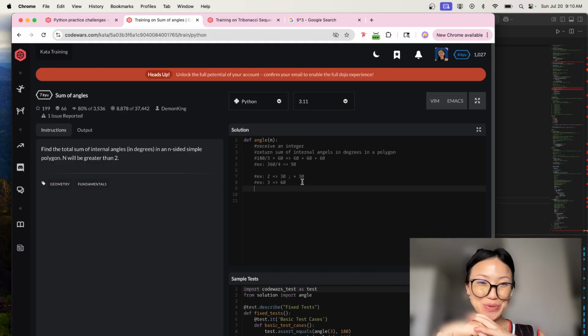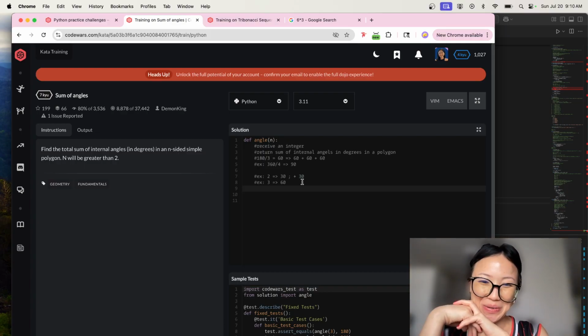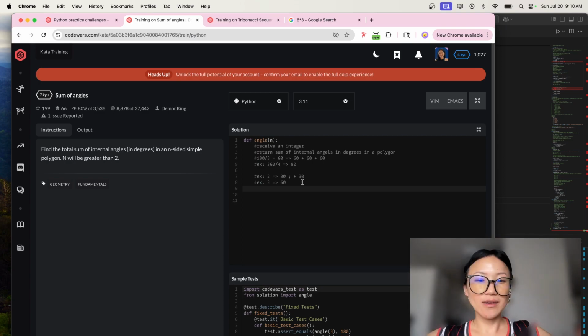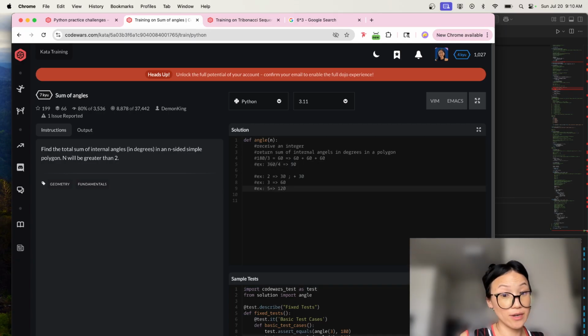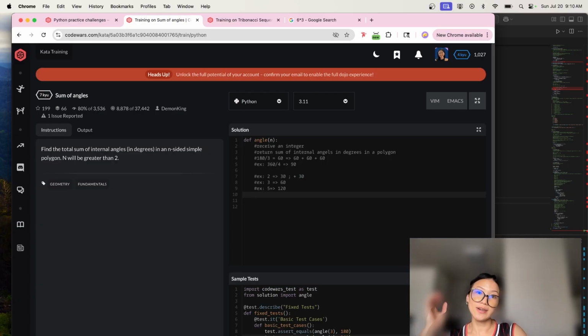Anybody know the rules of polygons? Let me know. 30 plus 30s. So then 5s. So 30 plus 30, and then you plus another 30, which is a 90, and 90 plus 30. So this would be 120.